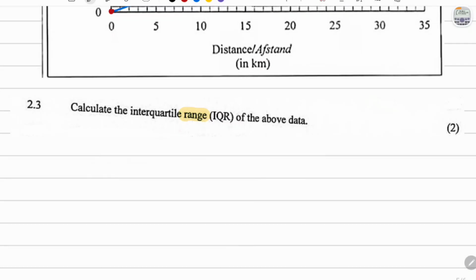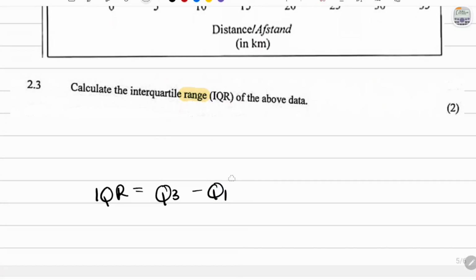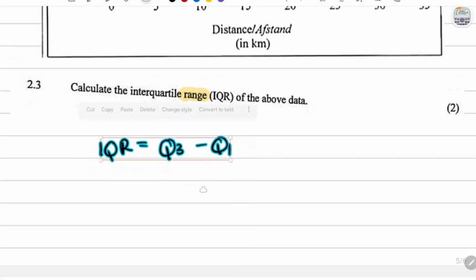So with the interquartile range, it's also a range, but it's a range of your quartiles. You know that you have a Q1, a Q2, and Q3. So the IQR would be your highest quartile minus your lowest quartile. That is Q3 minus Q1. So that's what we have to find in order to be able to find the interquartile range.